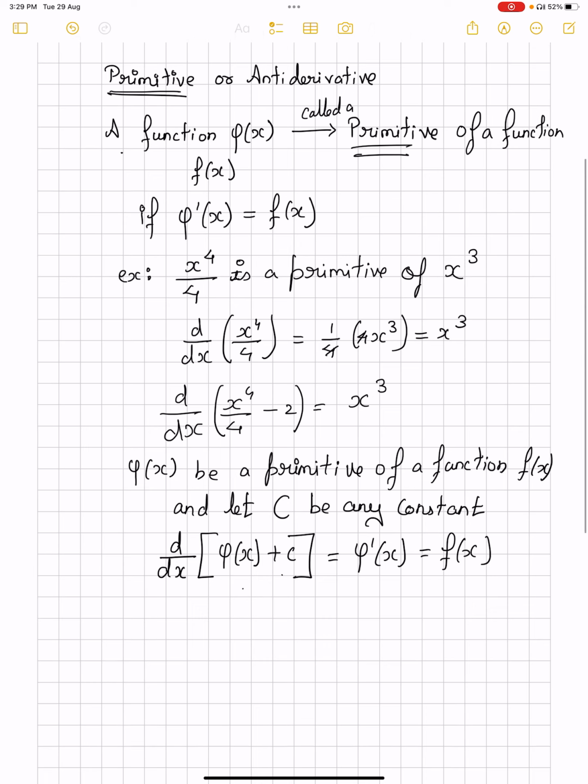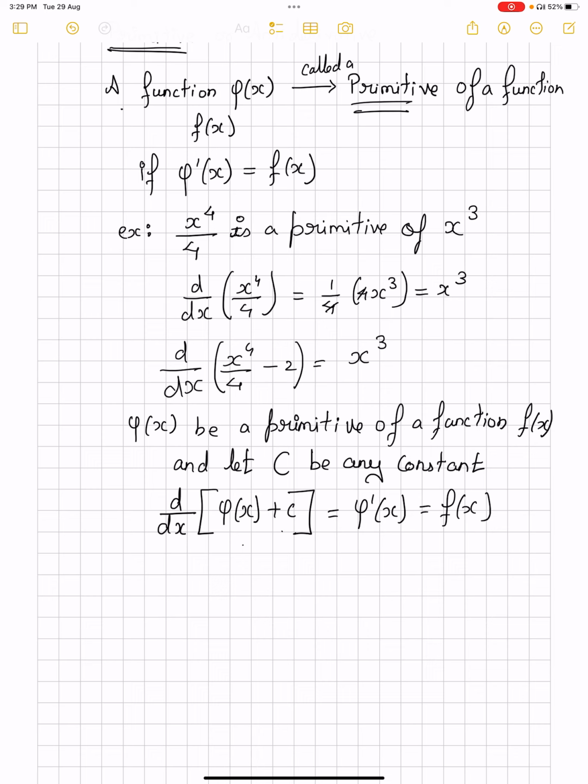Therefore, phi of x plus c is also an antiderivative or primitive of f of x. You would have understood by now that there are infinitely many primitives contained in this particular process.